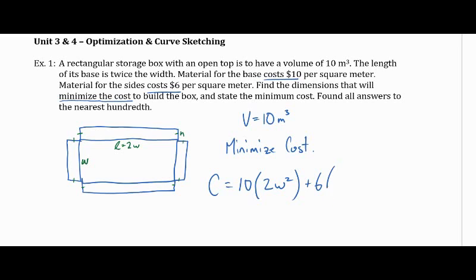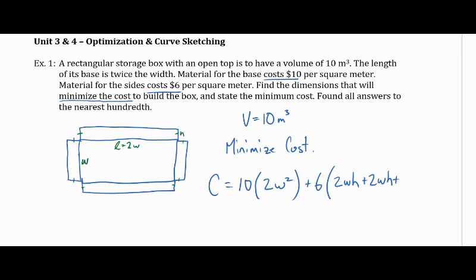Plus $6 times, so what's an expression for the material required for the sides? Well, let's take a look. It's going to be 2w times height. And then another, that's the top flap, and then another for the bottom flap, 2w times height.